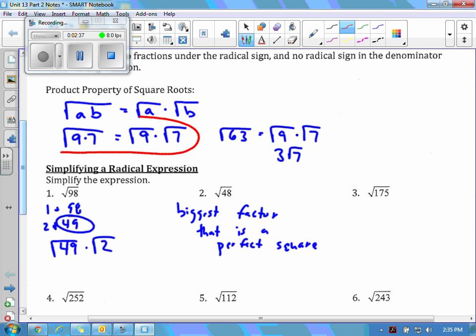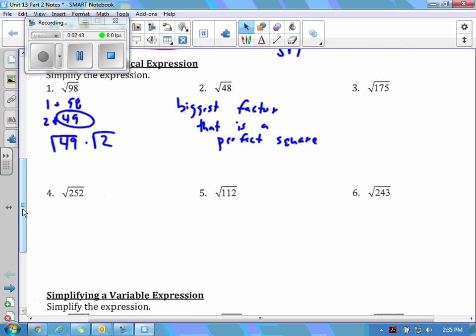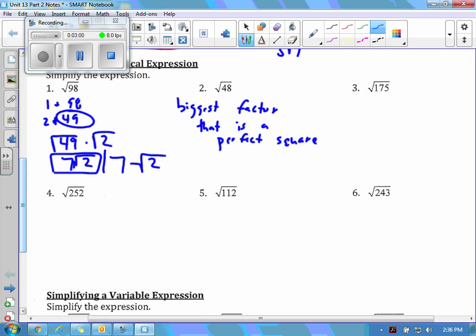I can just split it into the two numbers that go into it. The square root of 49 is 7, so that comes outside the square root now. 2 does not have a square root, so that stays underneath the radical. And then this is simplest form. So let me rewrite that in case that's hard to read. So 7 square root of 2 is the simplified version.